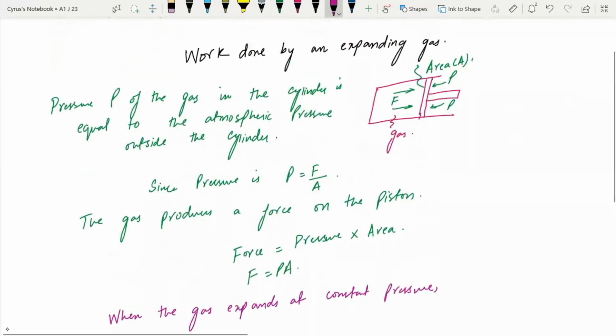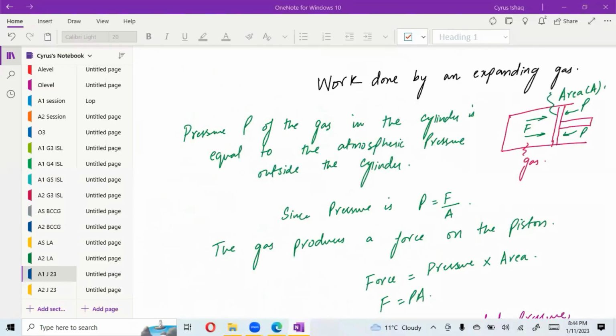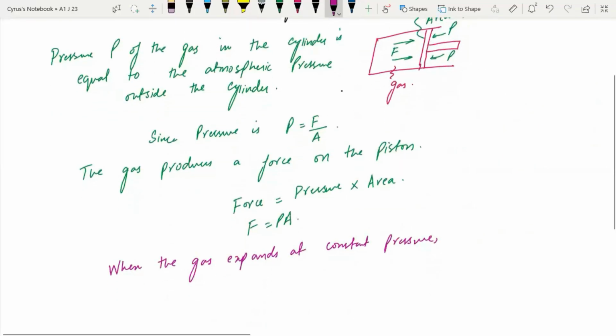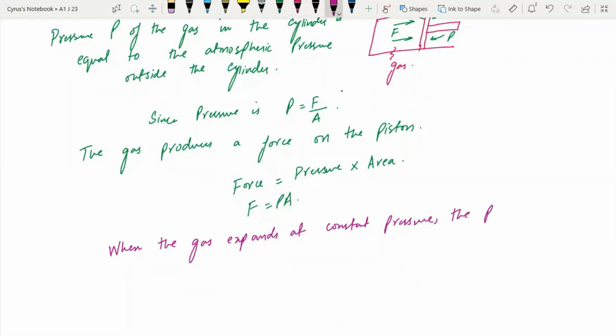Expansion is happening in the gas, for example you are heating it up. I'm going to write here, the piston will move outwards through a distance which we can call delta S.